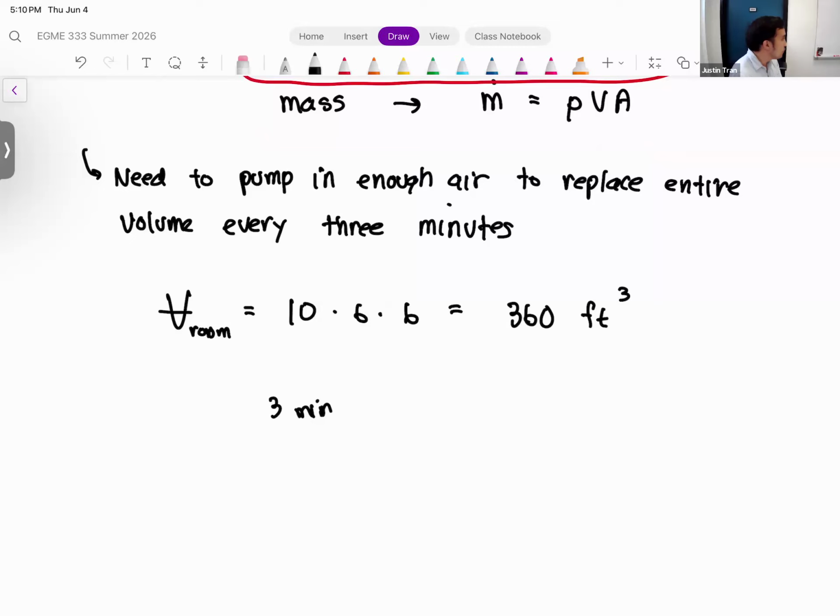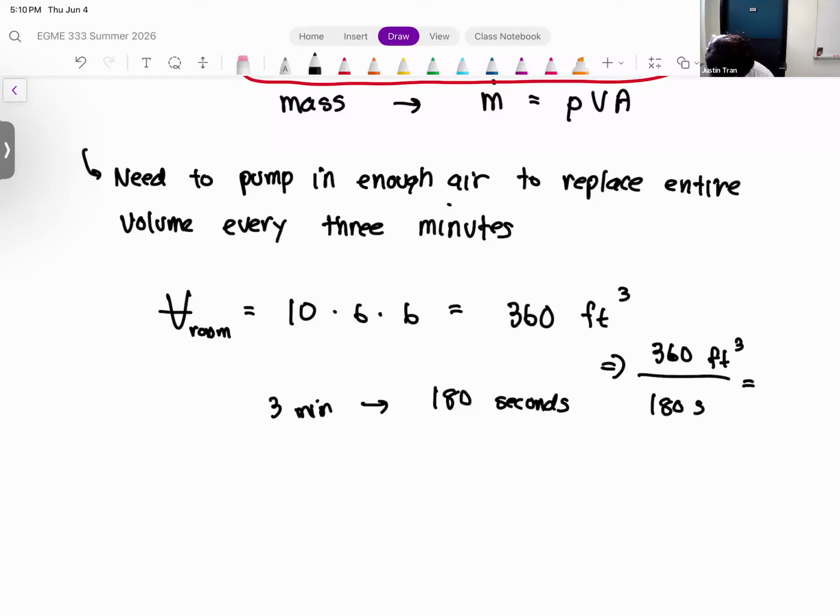Technically, you can just divide the 360 feet cubed by 3 minutes, but usually we like to work in seconds. So 3 minutes multiplied by 60 seconds per minute is 180 seconds. And so the volumetric flow rate in this case is 360 feet cubed divided by 180 seconds.